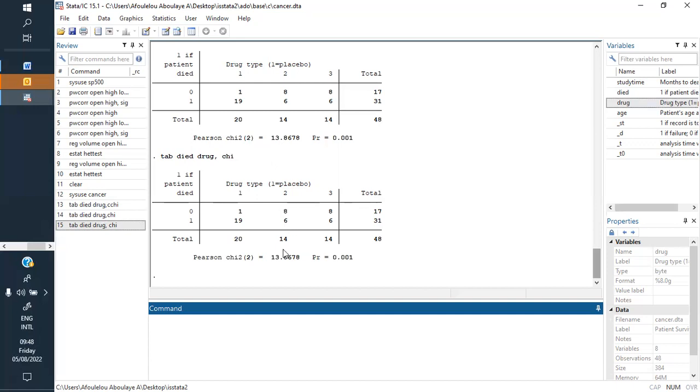They are 14, and also those who are fully taking it again, they are 14. 8 were alive, and 6 died. Then we can really say that there is this relationship between dying and also the fact to take drugs.